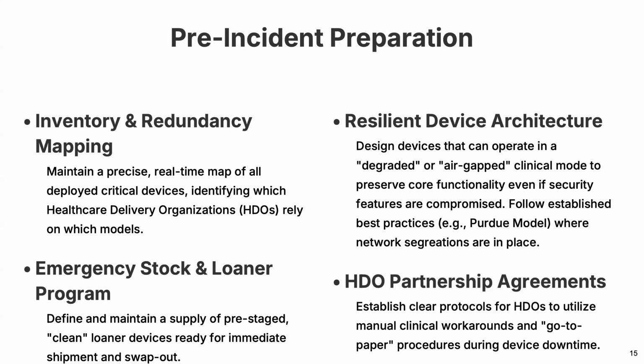I always point to the Purdue model, which is a classic way that breaks down how to best organize and architect a secure environment of operational technology. It doesn't matter whether that is your HVAC in your warehouse that controls the temperature, or the SCADA devices in your production environment.